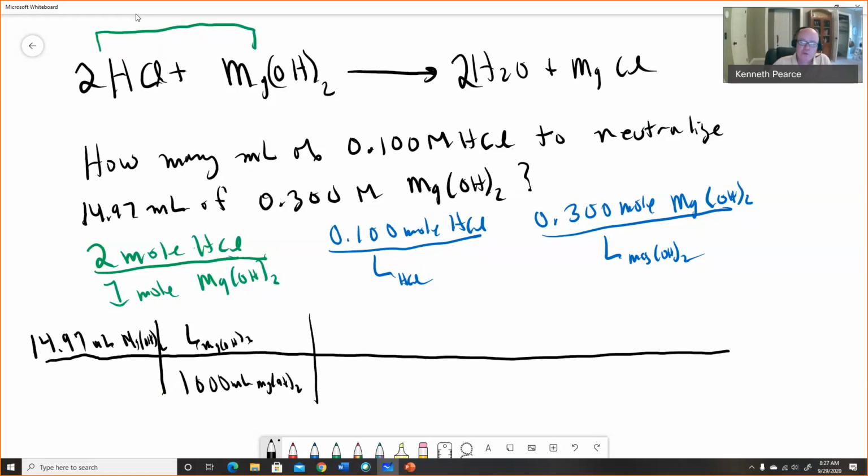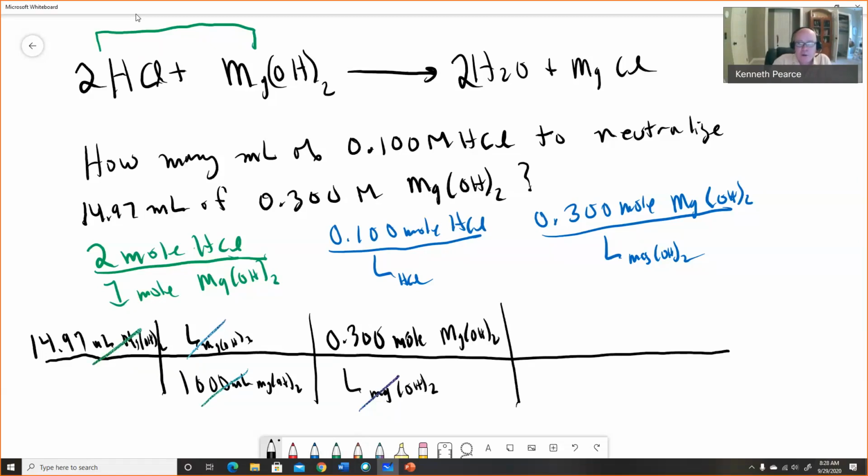And now we can use our molarity of our magnesium hydroxide, that's moles magnesium hydroxide for every liter of magnesium hydroxide. And so far, everything is canceling like it should. We have milliliters canceling with milliliters, liters of magnesium hydroxide with liters of magnesium hydroxide. If we were to stop here, we would have the moles of magnesium hydroxide.